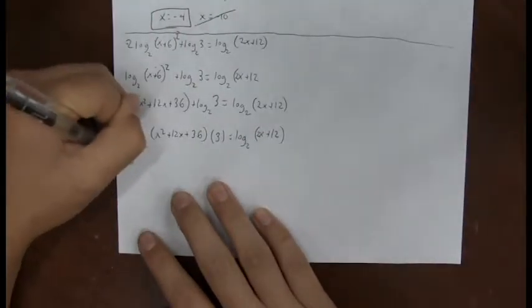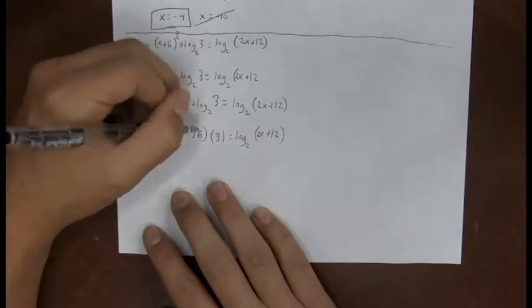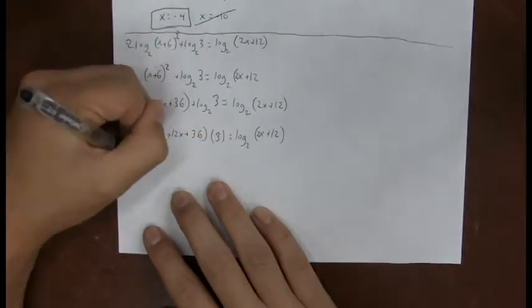This would then simplify, or you'd multiply the 3 out.